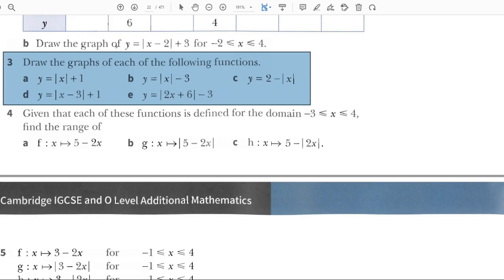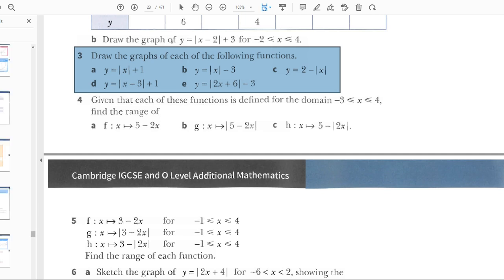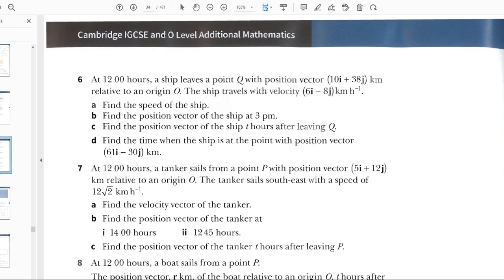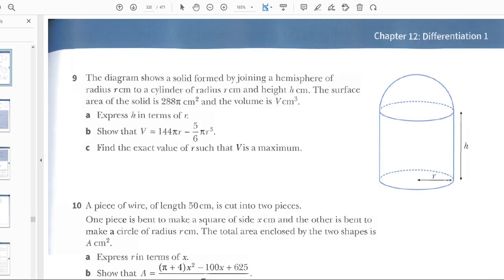But I want to check something from the answers in this book.